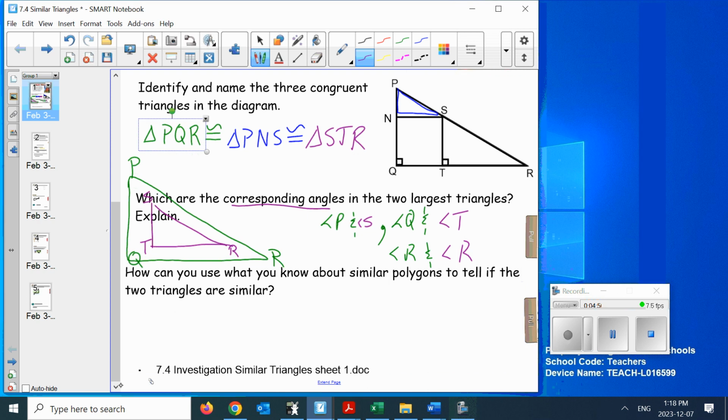How can you use what you know about similar polygons to tell if two triangles are similar? In the last section it didn't matter how many sides. So what do we need to have? We have to have exactly equal what? All angles are the same. What about the sides?